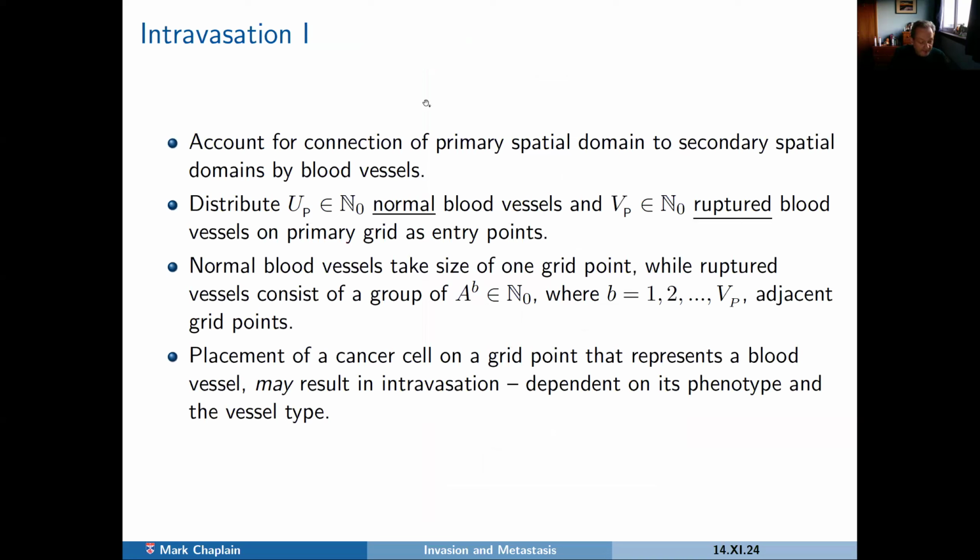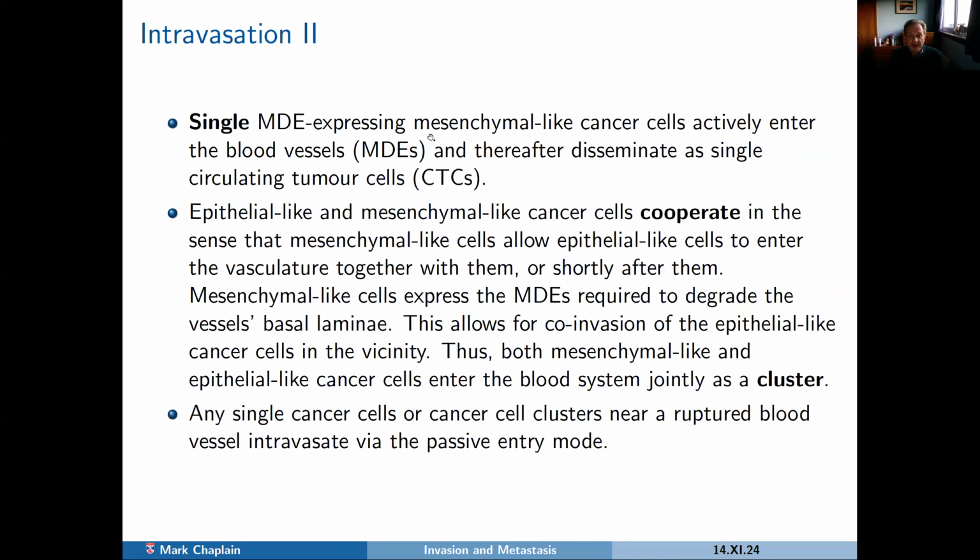Okay, so the next few slides I'll just skip through briefly because I've explained them in the previous 5 minutes or so. So we have a number of blood vessels on the spatial domain. Cancer cells interact with the blood vessels with a probability. They either intravasate or they don't. If they intravasate, then there's a probability of survival.